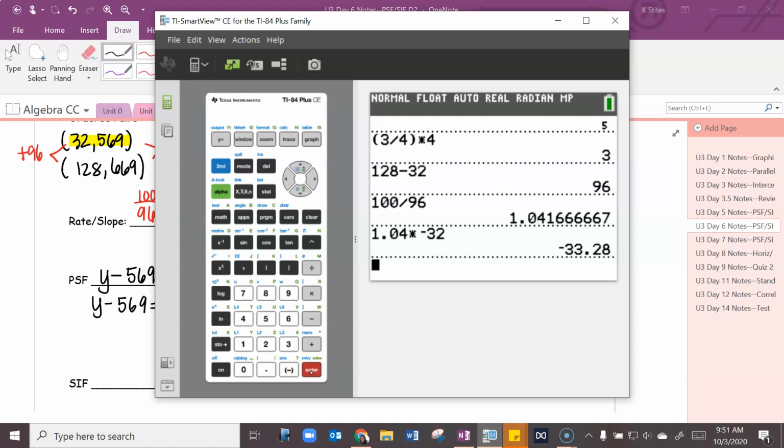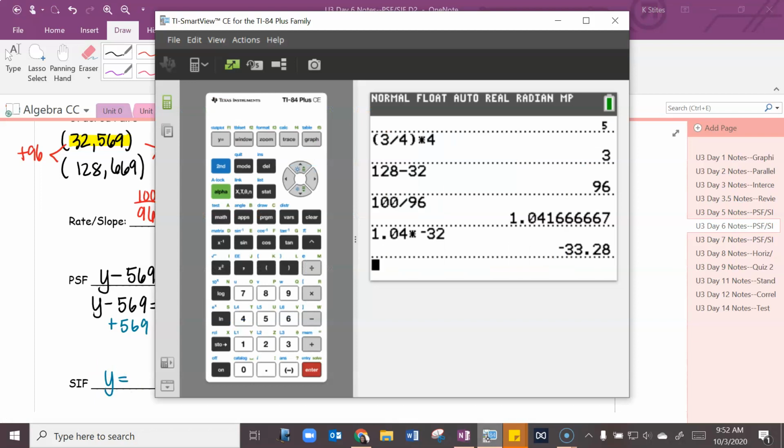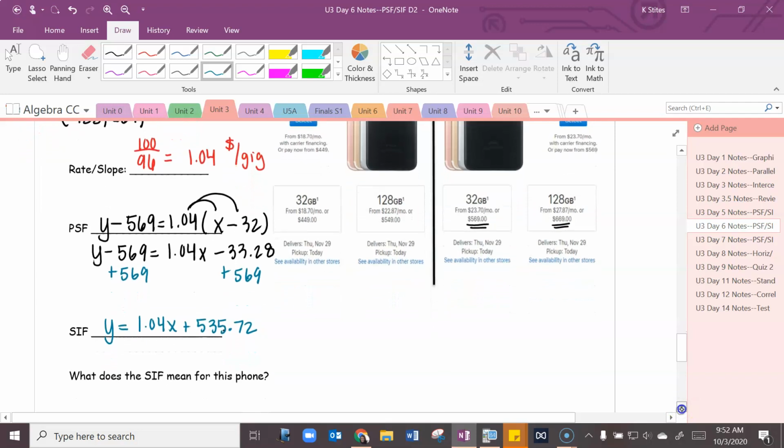It's a negative 33.28. Okay, and then I'm just going to add my 569 over. Add 569, and that's $535.72. And voila, I have my slope-intercept form.